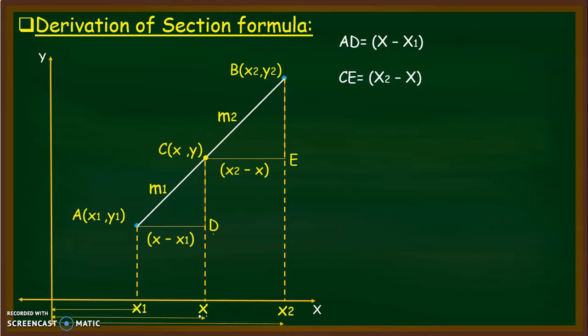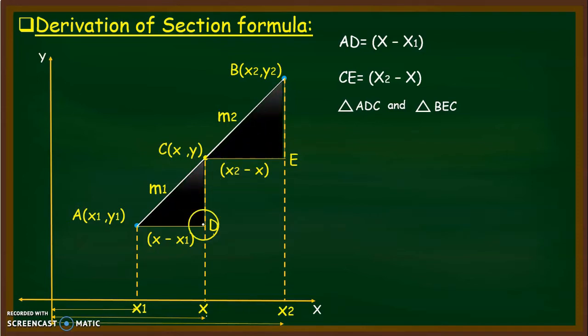Now consider those two triangles, triangle ADC and triangle BEC. This is the first triangle ADC and this is the second triangle BEC. If you observe here, both have one angle of 90 degrees. Then angle CAD will be equal to angle BCE, because those two angles are corresponding angles.